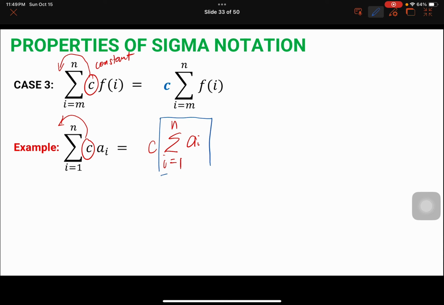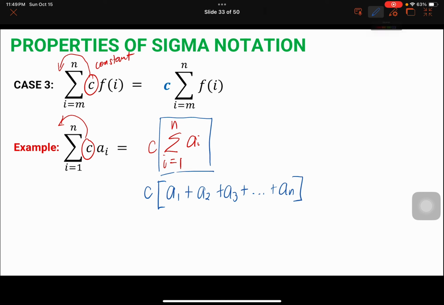Then we will just expand this. So pag in-expand natin yan, kung mapapansin nyo po, we just have the A sub I. So mga terms lang yung kailangan natin. So we will have C times A sub 1 plus A sub 2 plus A sub 3 up to A sub N. Okay? So, infinite siya.